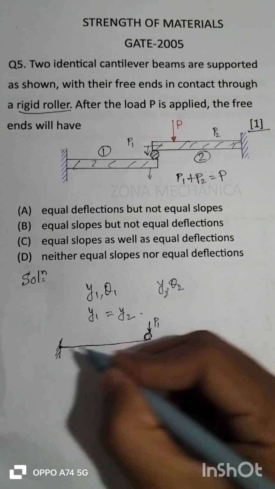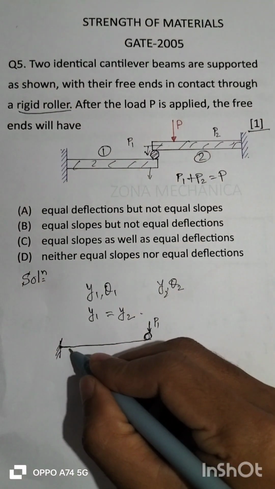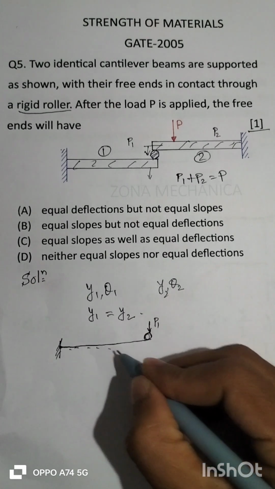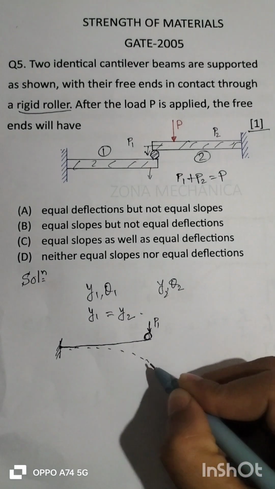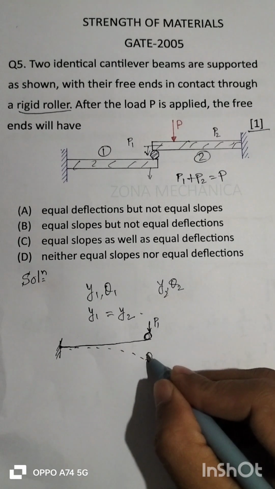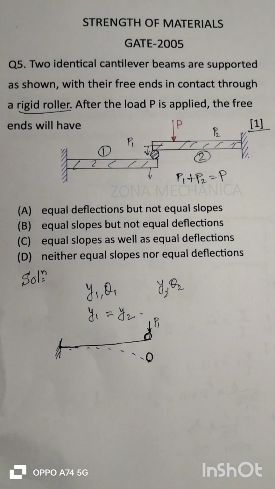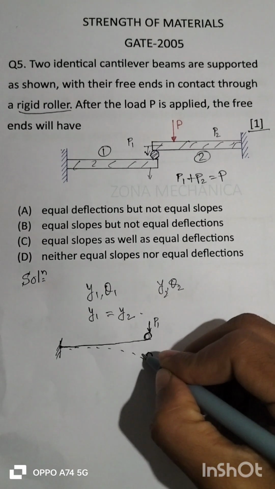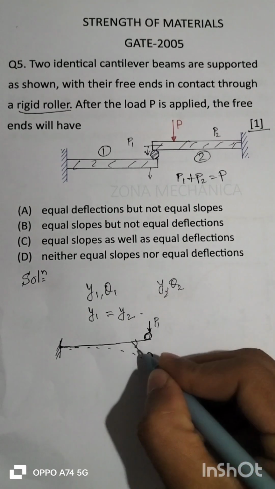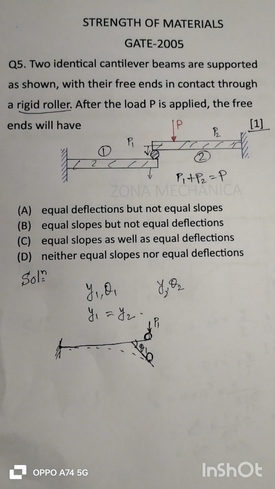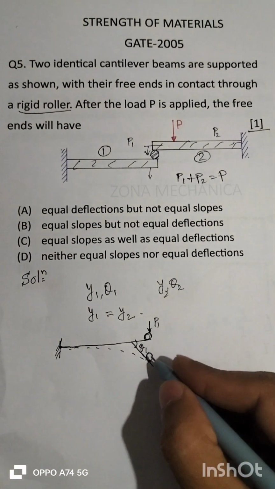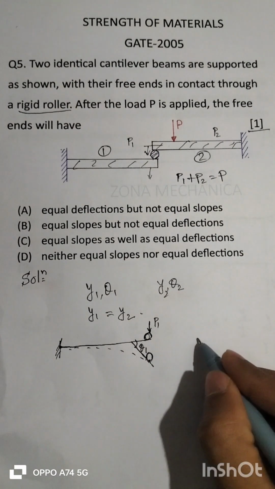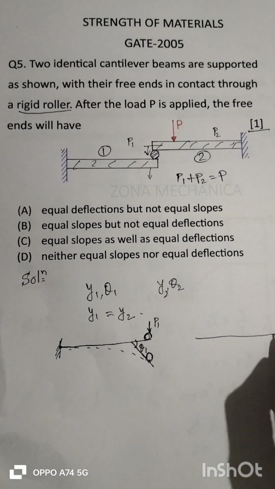For this type of loading, we know that the beam will deflect like this, and if we draw a tangent over here, this will be theta 1, the slope of the first beam.